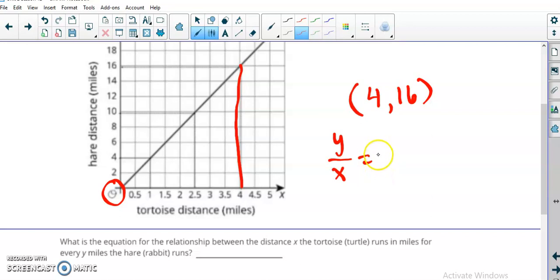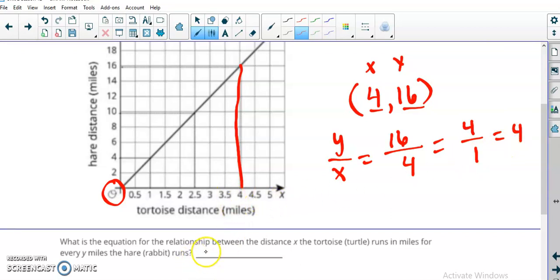So all I have to do is take any of these measurements and put them in a relationship that shows the vertical distance over the horizontal distance, or the y over the x. So this is my x value, this is my y value. So I can put 16 over 4, and then I can reduce it to 4 over 1, or just 4.